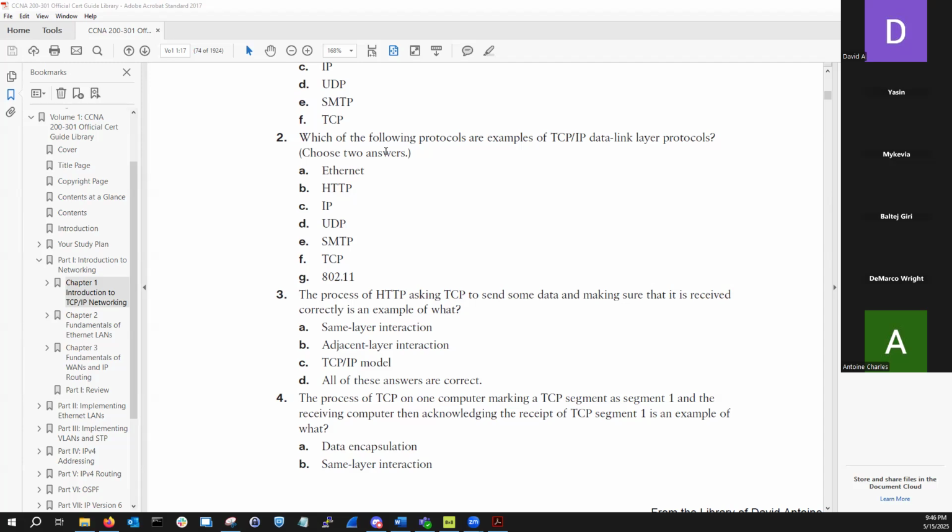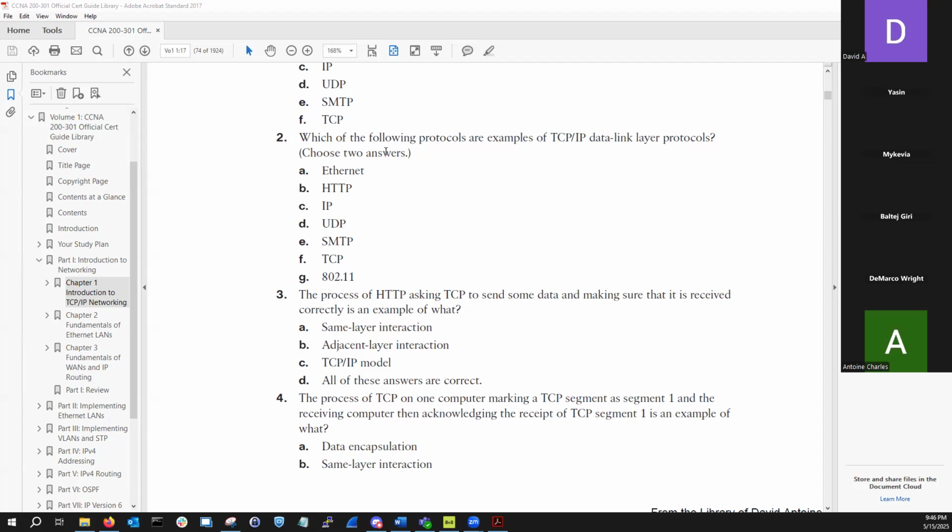I'm only getting confused because HTTP is layer 7, whereas TCP is layer 4. We have two layers in between. Although it is kind of doing a communication as an adjacent layer.